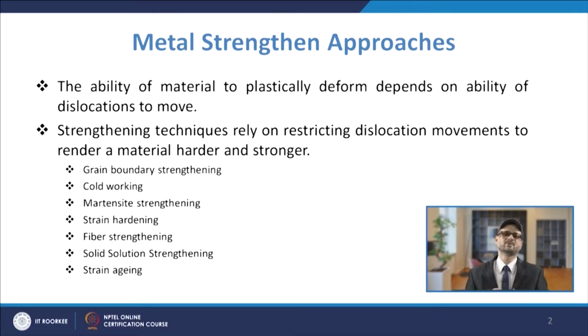A vivid example is the case of composite materials, where the parent matrix is a ductile material, and then we also use fiber materials. The fibers have high rigidity and high stiffness, and then the material's properties increase.